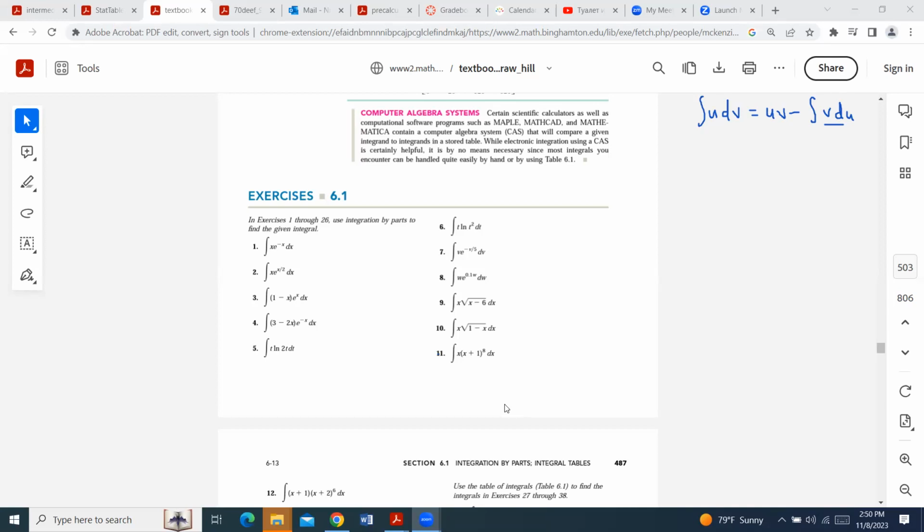So I'd like to do another exercise using this integration by parts method. I just saw problem number 10 that I think is good to do to refresh what we were looking at before. In this exercise, we have x multiplied by the square root of 1 minus x. What I want to do is a little substitution here.